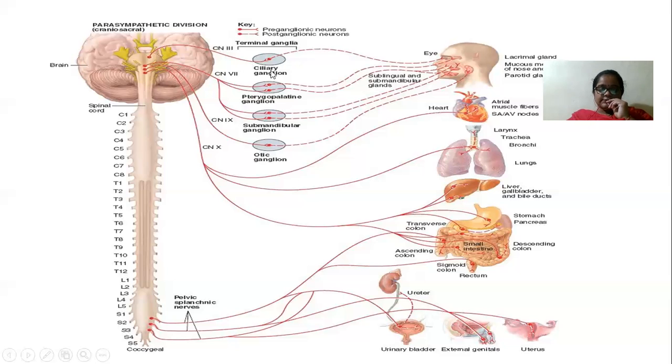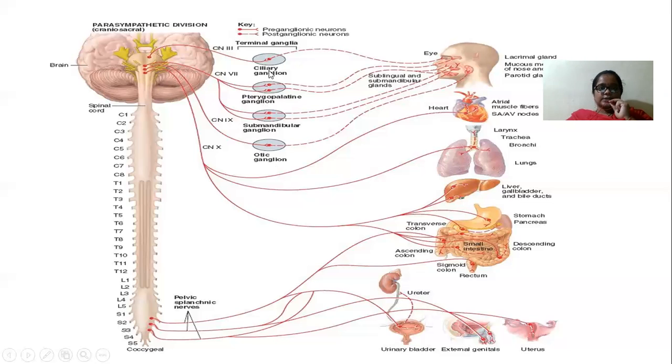There are 4 types of these ganglia: the ciliary ganglion, the pterygopalatine ganglion, the submandibular ganglion, and the otic ganglion.